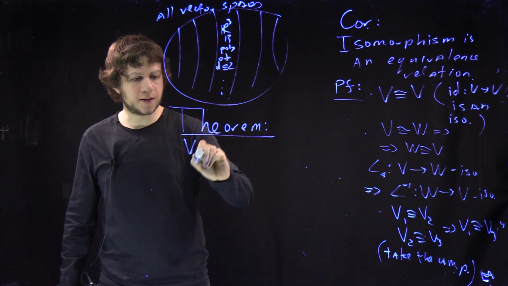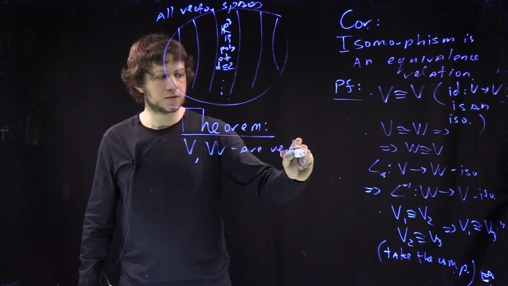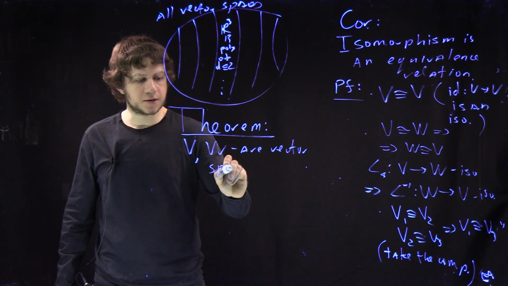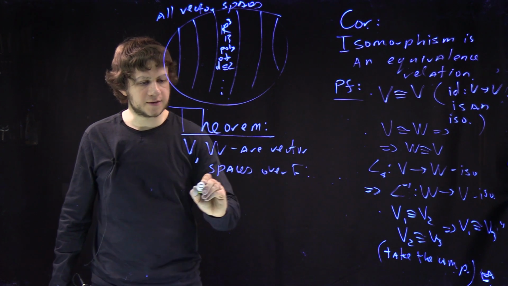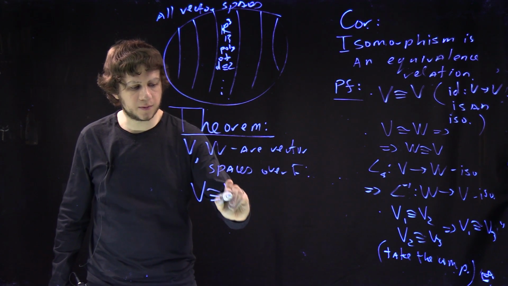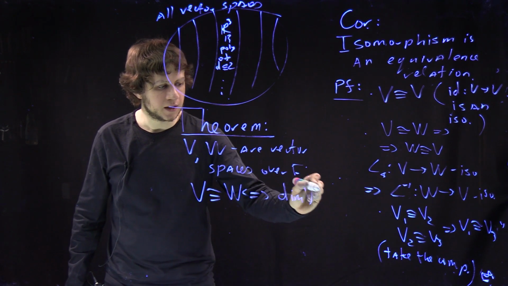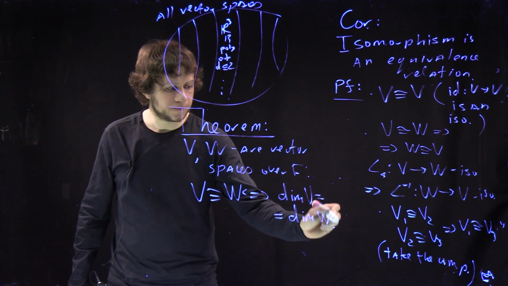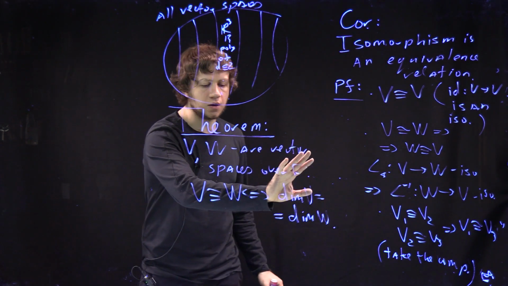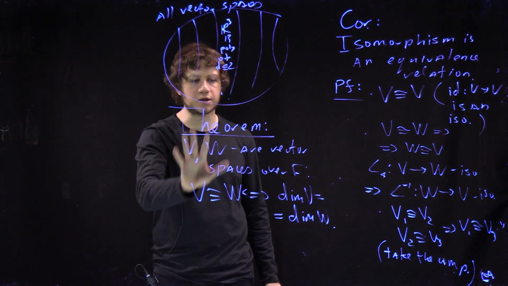V, W are vector spaces over F, and V is isomorphic to W if and only if the dimension of V equals the dimension of W. This is the only condition to check to know that spaces are isomorphic.